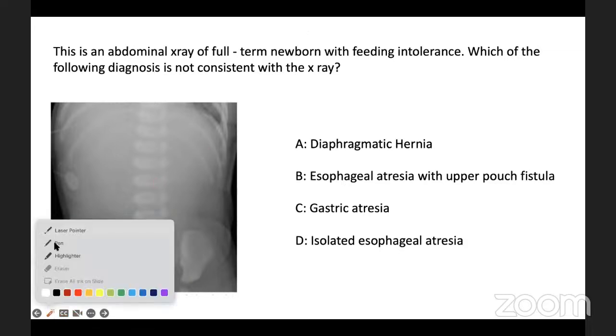Any volunteer, or you can type it in the question and answer and see. Sarish, can you tell about this X-ray and can you answer this question?